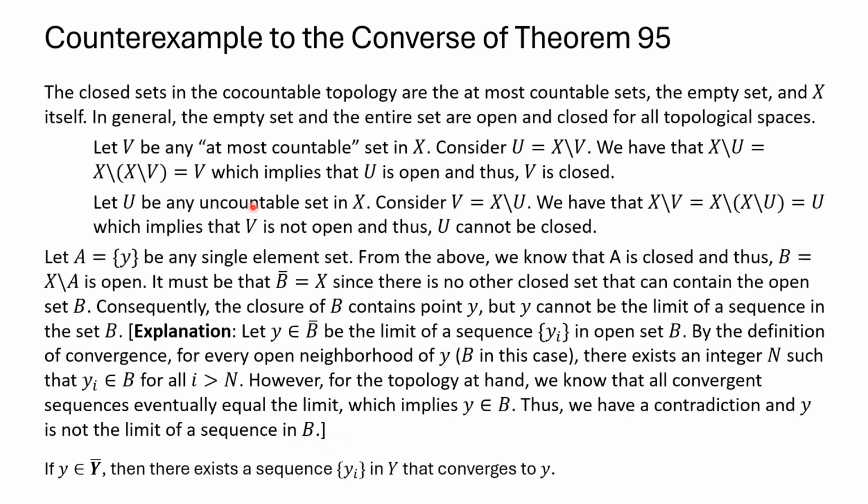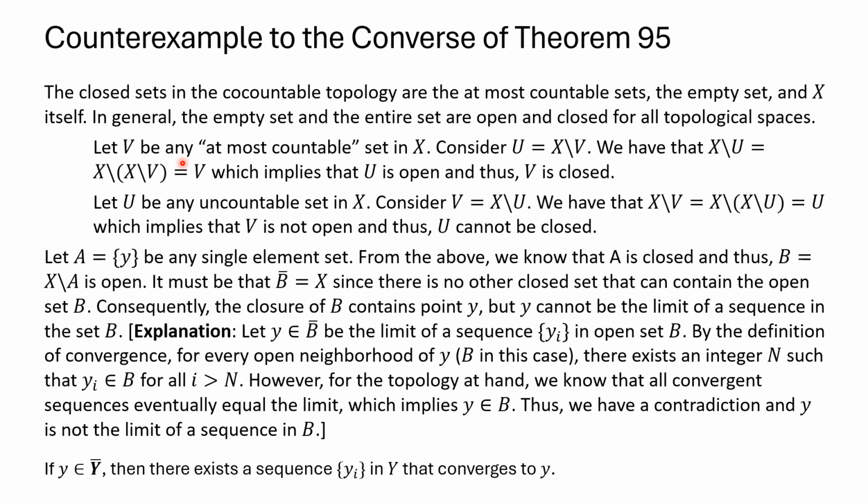First we're going to note what the closed sets in the co-countable topology are. We know that the empty set and the set X itself are both open and closed in all topologies. We just need to show that the only other closed sets are the at most countable sets.